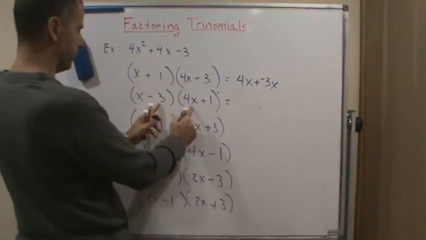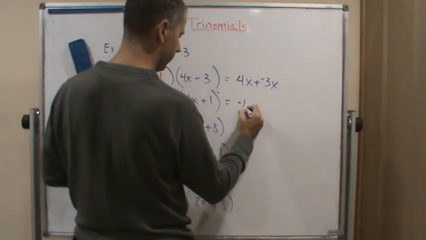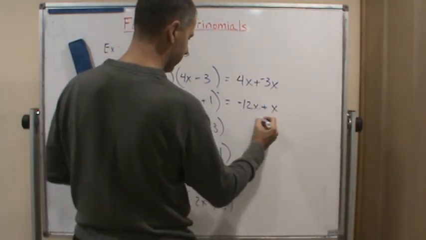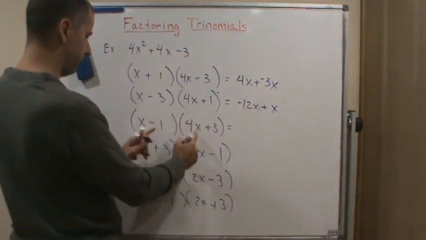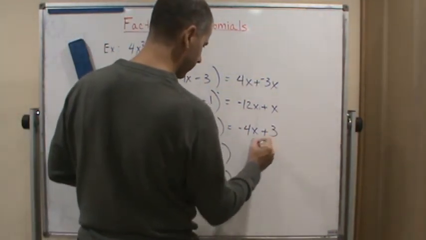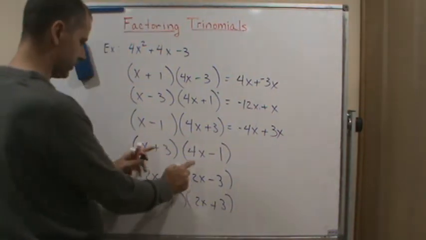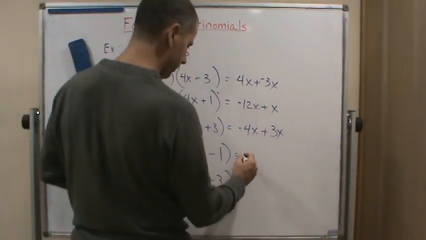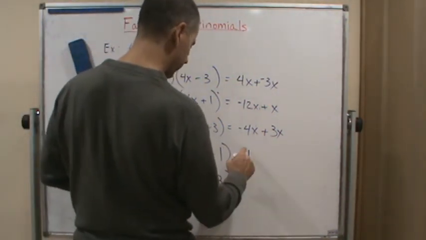This one gives us -12 and 1. This one gives us -4 and 3. This one gives us 12 and -1.